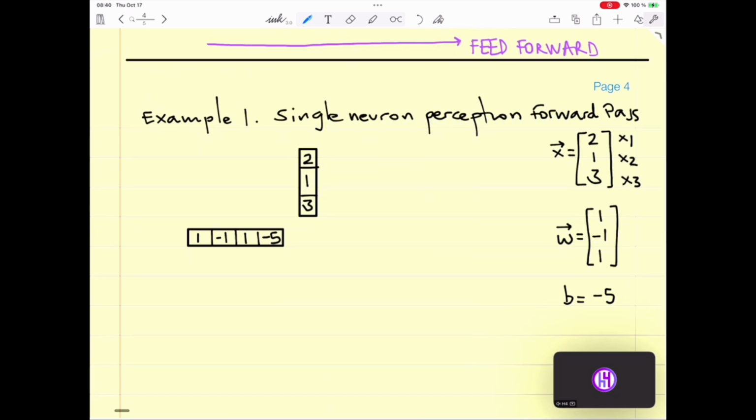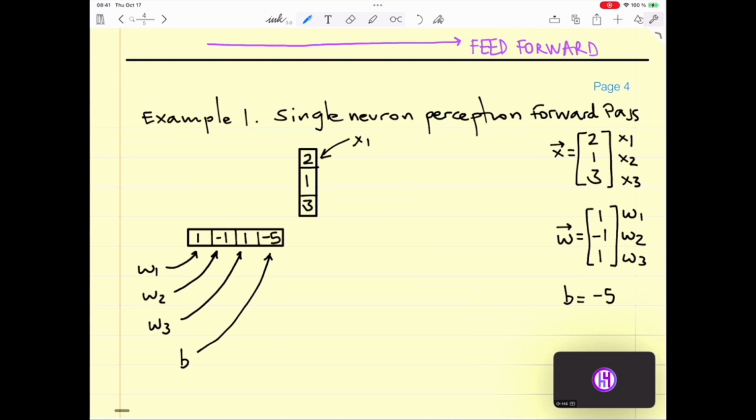So this is, as I said, W1, W2, W3 and the bias. And this is X1, X2, X3.